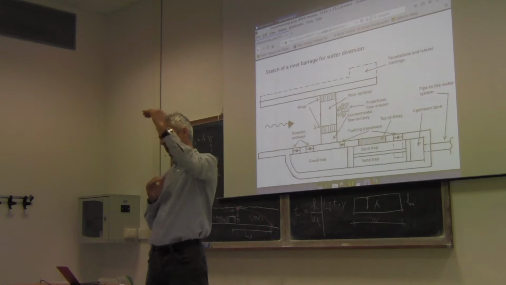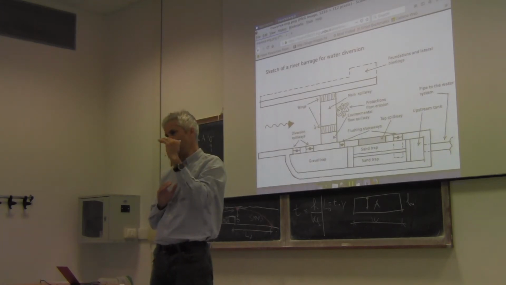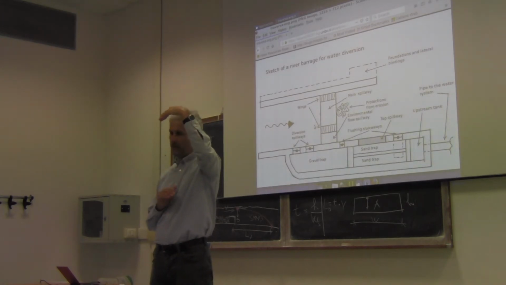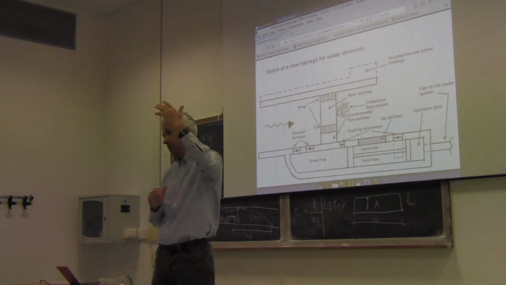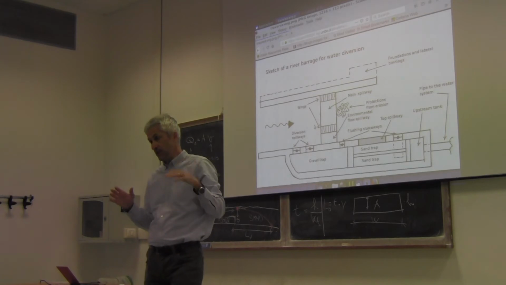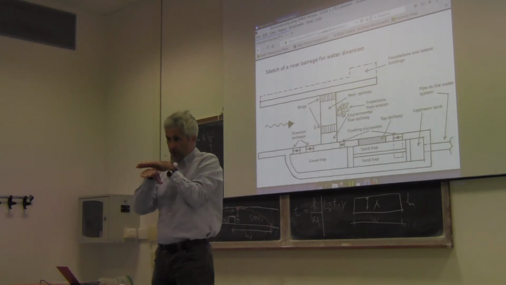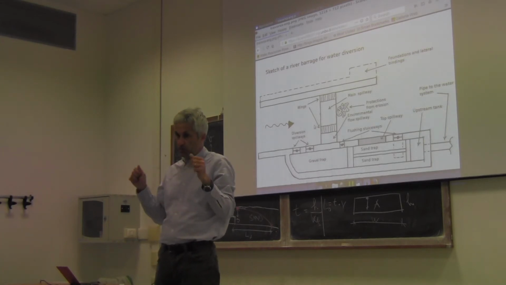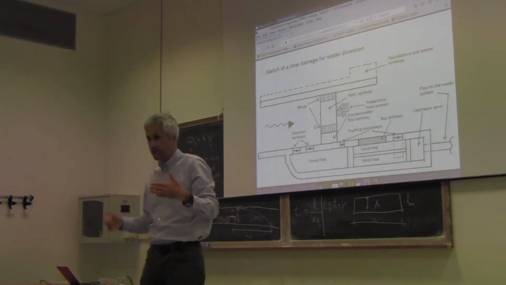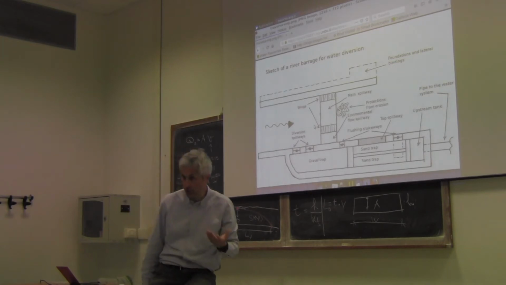Reaching the level where this pressure is reduced by energy transformation to the atmospheric level. So again, if the channel flow is open, water is not under pressure. If you put it in a pipe, the water can go under pressure.